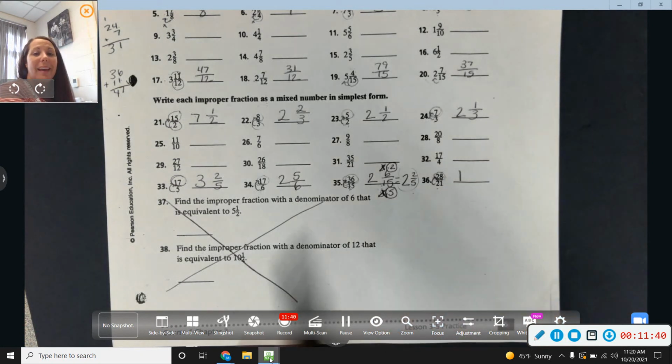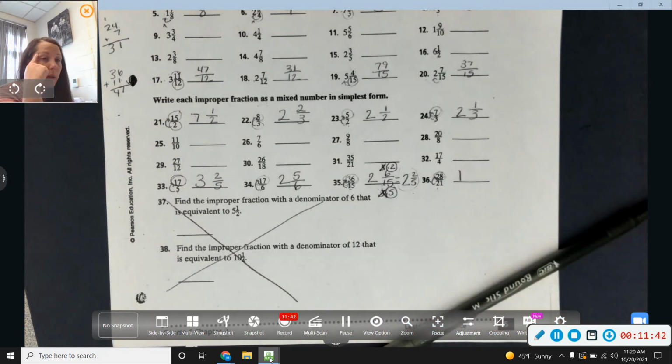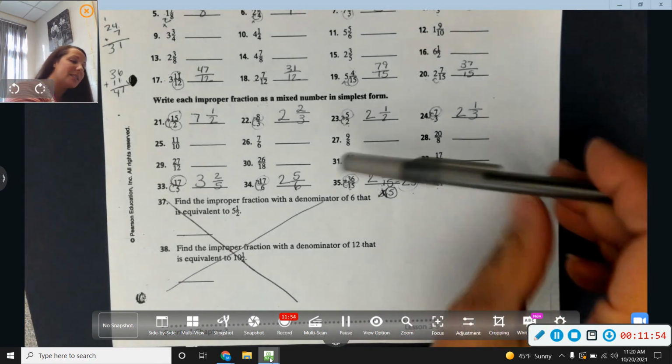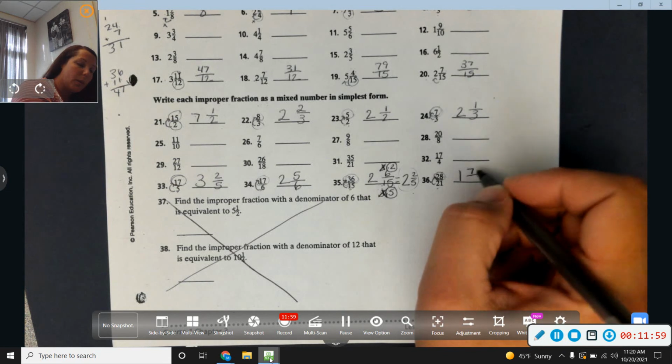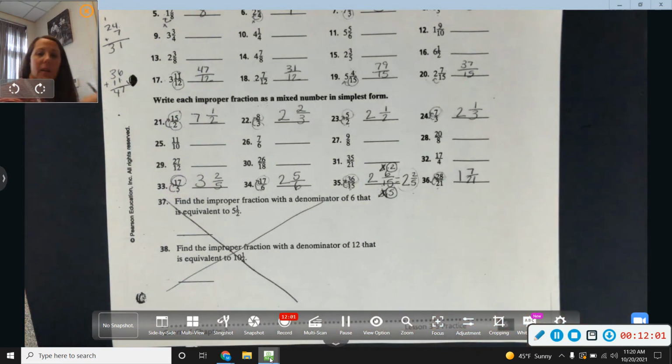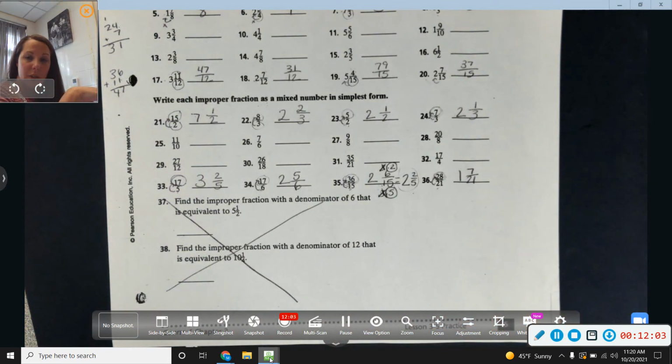So I'm going to count up. I'm going to say 21 in my head, and then 22, 23, 24, 25, 26, 27, 28. So that was 5 plus 2 more, which is 7. So I have 7 left over 21. 21 is the denominator. It doesn't ever change.